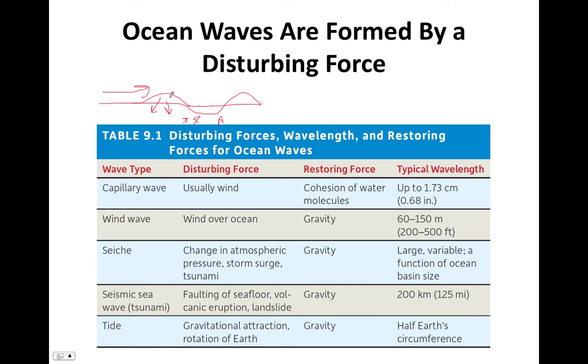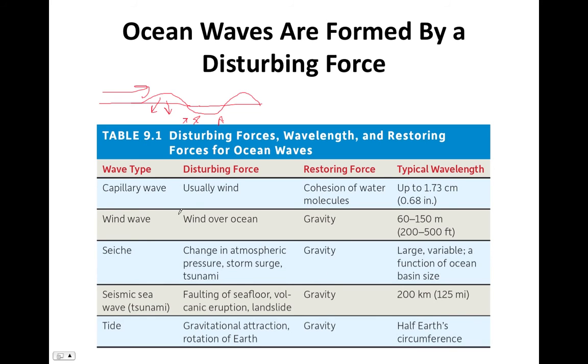Okay, so basically the waves are large enough that the intermolecular forces between the water molecules is negligible, and the primary force pulling the water down from the crest is gravity. So all other waves have gravity as a restoring force.